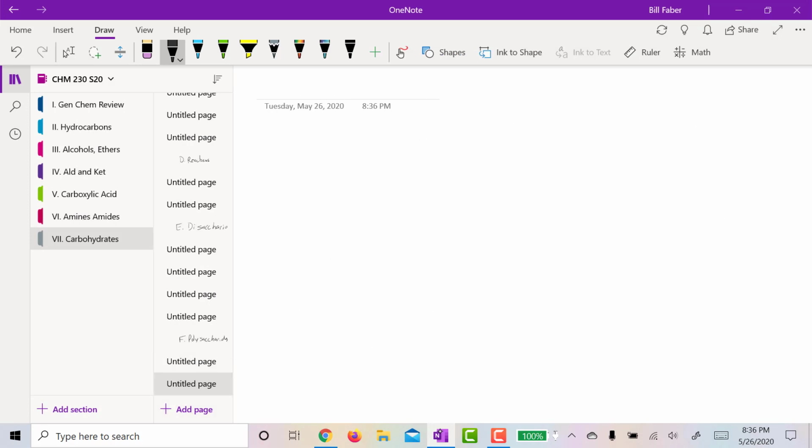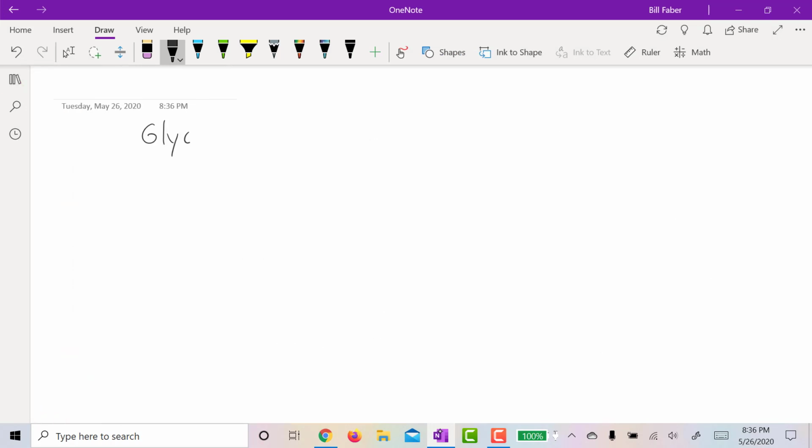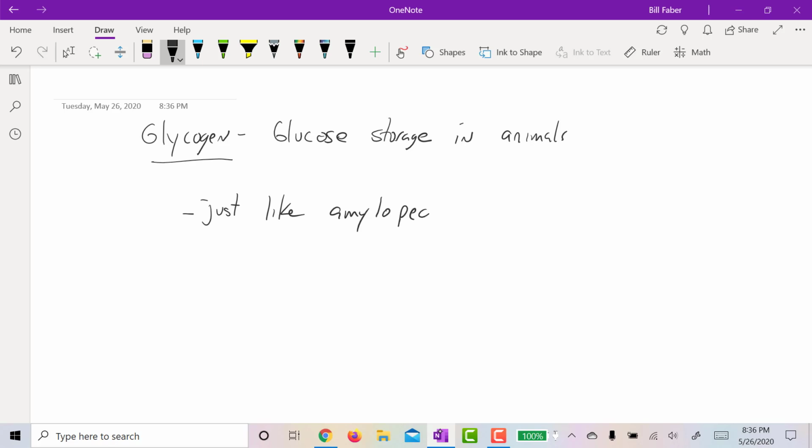Now, I also want you to know what is called glycogen. And this is glucose storage in animals. And this is really just like amylopectin, but it can have up to 1 million glucose units, and there is more branching.